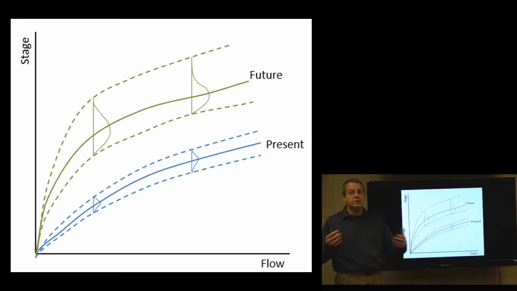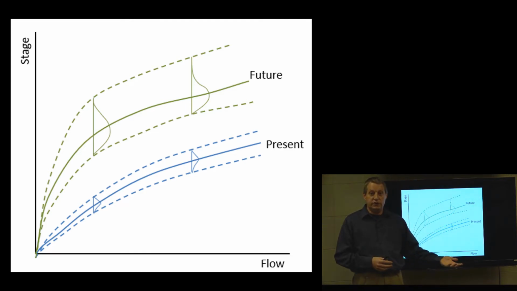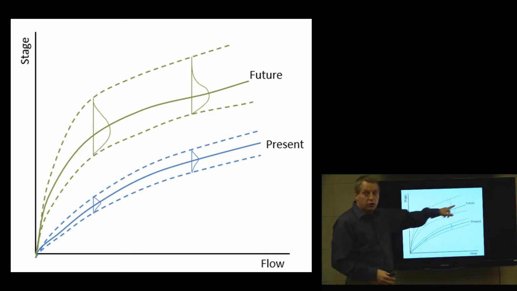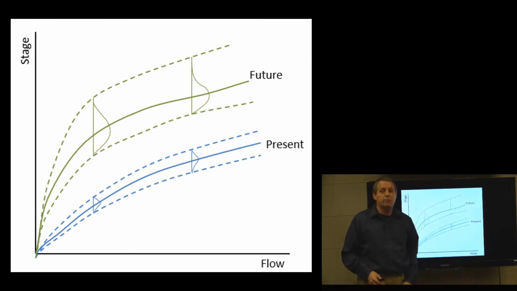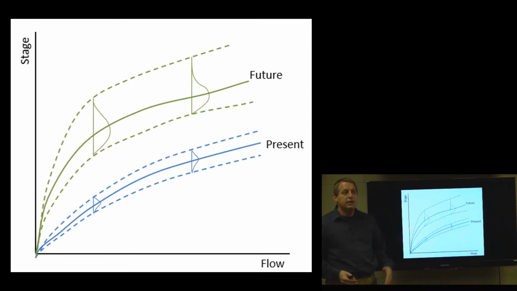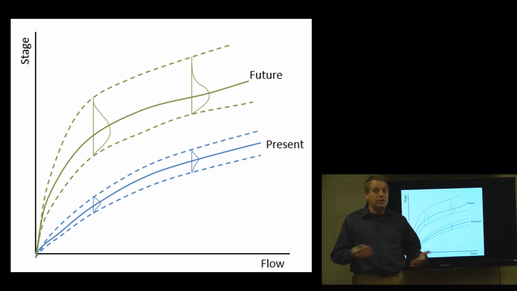All right, so the sediment transport will have a non-stationary or monotonic effect. It will increase the stage associated with future flow. So your future with project and your future without project conditions will both be affected. That future curve will be higher than the present curve, but it will also affect the uncertainty because we don't actually know what the sediment future holds. It's going to be tied to hydrology.